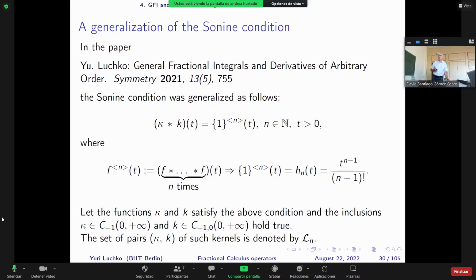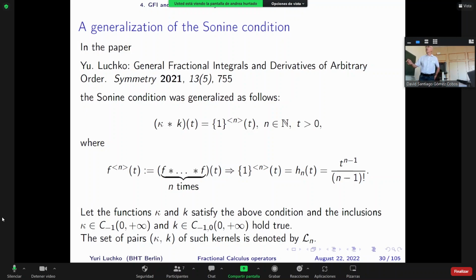So let's consider this generalized Sonian condition and introduce a pair of the functions kappa and k, such that their convolution is not just the constant one, but the n-fold convolution of the constant function 1. With this symbol, the n-fold convolution is denoted.